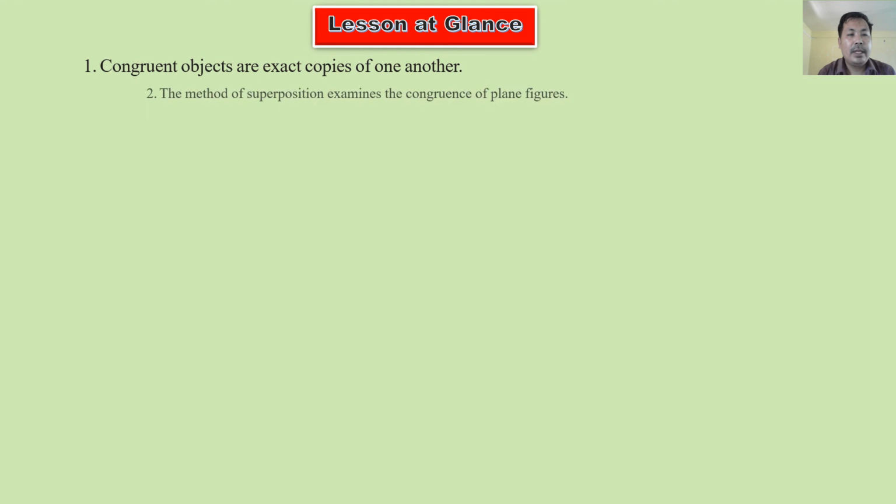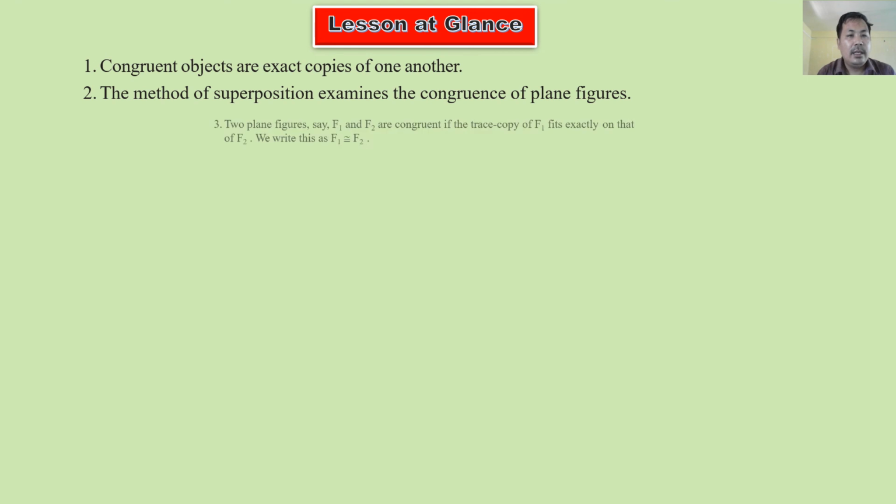Now at lesson at a glance, my dear student, please look carefully and listen carefully. I will read out for you. First, congruent objects are exact copies of one another. The method of superposition examines the congruence of plane figures.